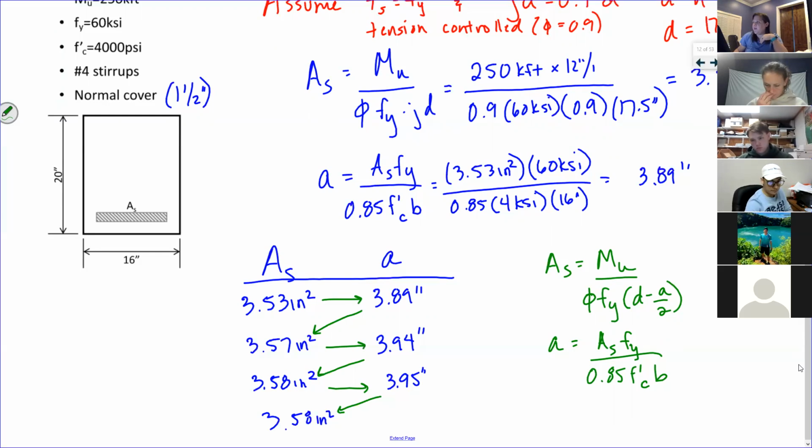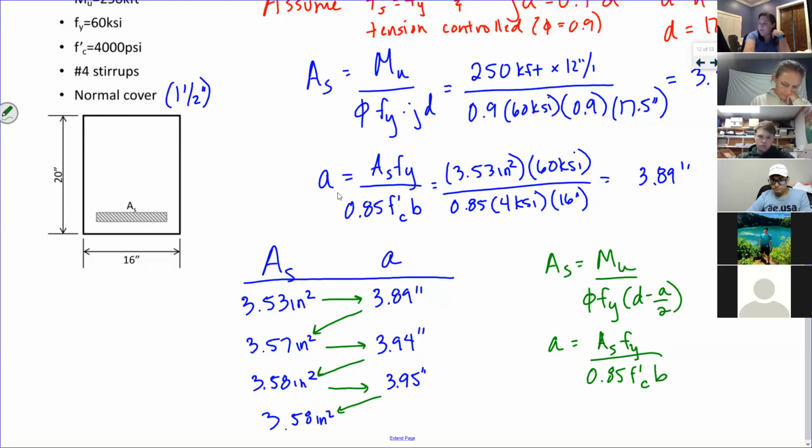So I use the first equation up here where I have an estimate for my jd. I figured it's probably like 0.9 times d rather than d minus a over 2. That jd just replaces the d minus a over 2. And then that gives me an estimate for my area of steel. I use that to calculate an associated depth of my stress block.